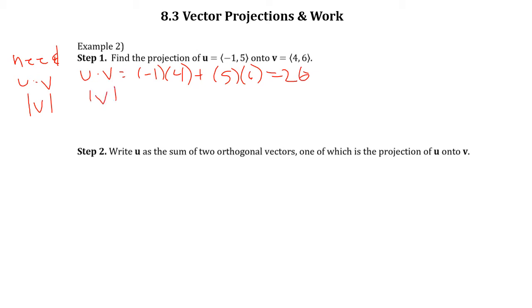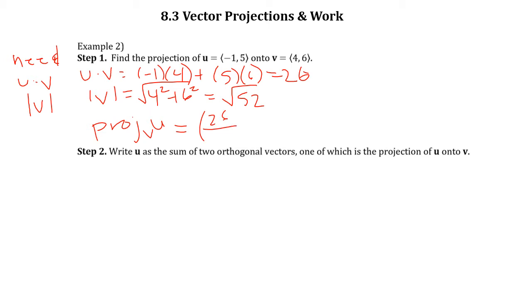The magnitude of v is the square root of 4 squared plus 6 squared, which equals the square root of 52. Leave it as a square root. Projection of u onto v: dot product, 26 over the square root of 52 squared, times v.